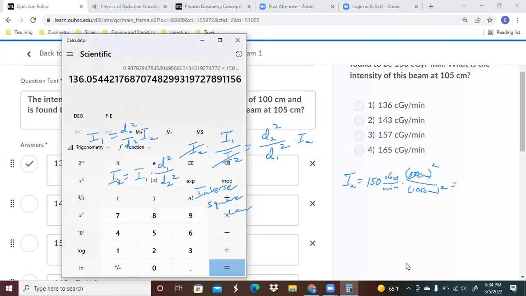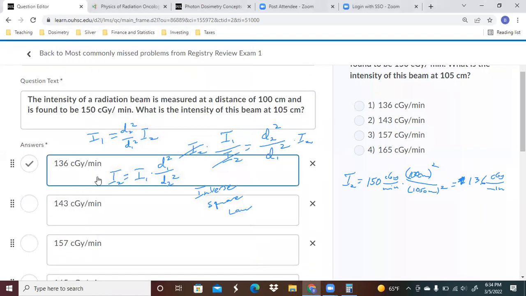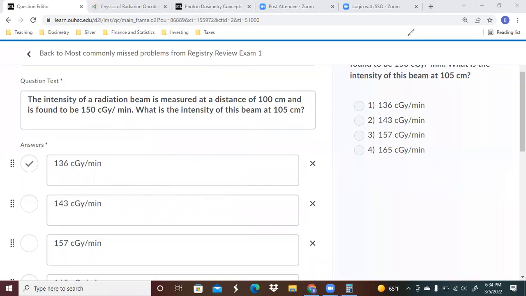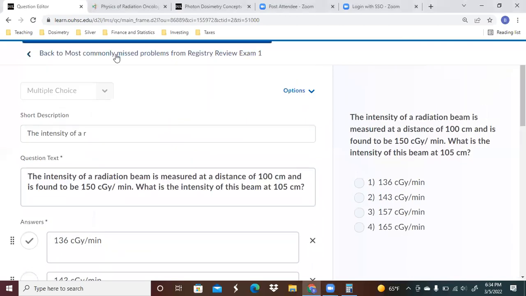So we end up with 136, and that in fact ends up being the correct answer. All right, so let's go on to the third question.